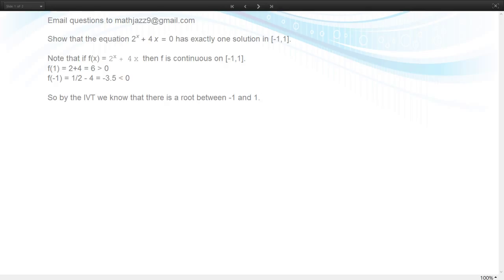So now that we know that there is a root, we have to prove that there can't be more than one root. And so we're going to assume that there are two and come up with a contradiction. So here we go. Suppose that there are two roots of f.